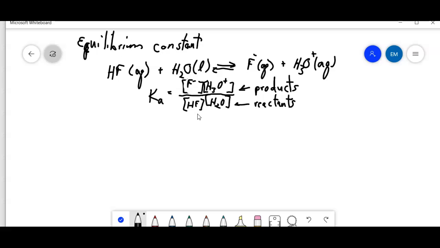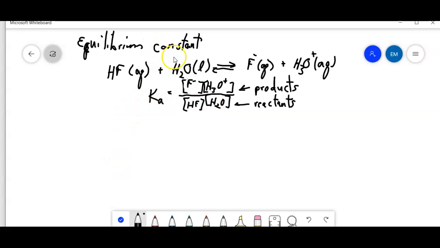Now, we're going to be doing something in a little bit about what's going to happen with changes of concentration. Think about this. If you have something at equilibrium, you're going to have whatever these concentrations are. This fraction, fluoride times hydronium divided by hydrogen fluoride times water, is going to equal a constant.